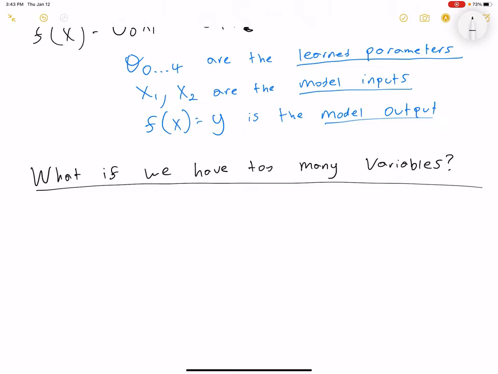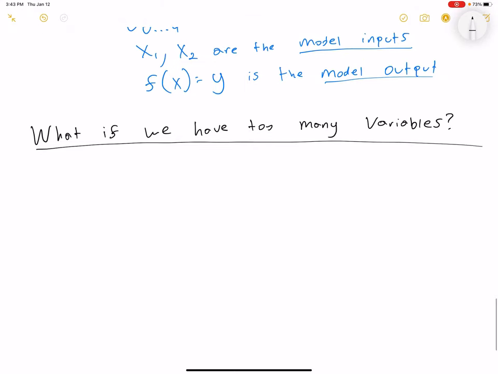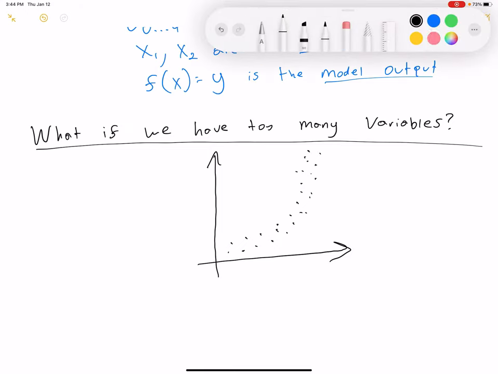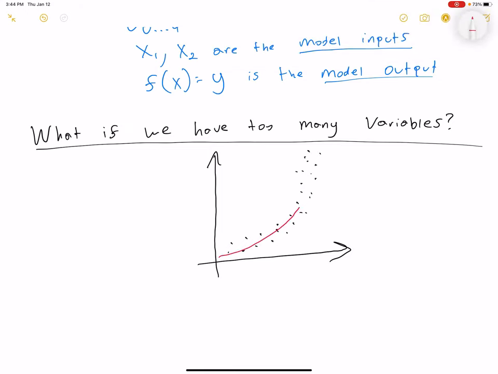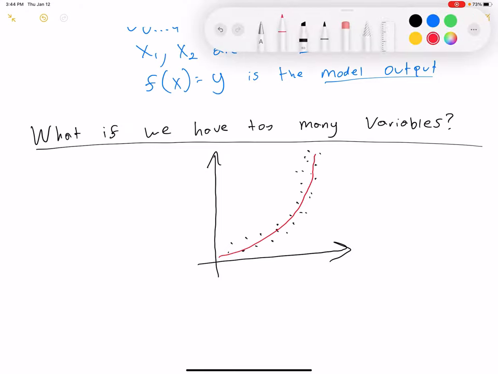So in the ideal situation, when we're learning a model, let's say we have data that are spread out like this. What we want is to learn a curve like this. This would do a pretty good job.